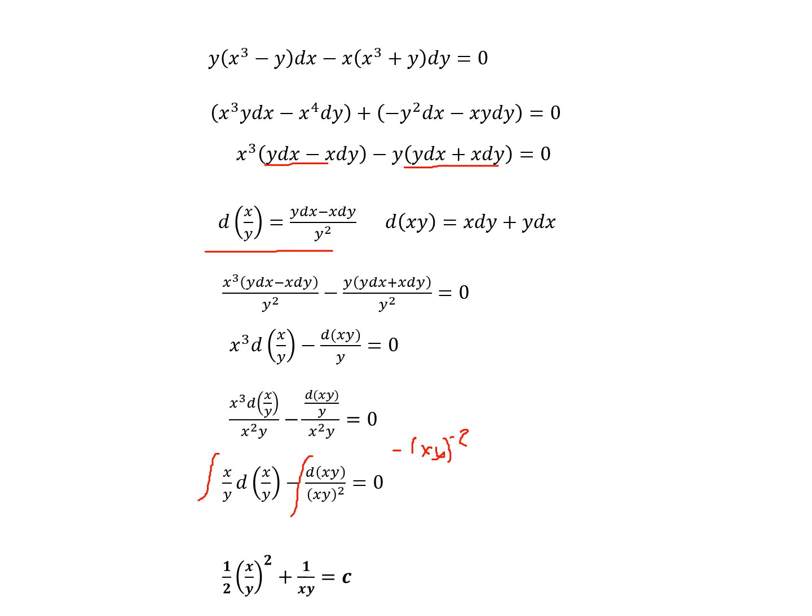The integral is just to add 1, so this is negative (xy) to the negative 2 plus 1 over negative 2 plus 1. And you have the final solution there.